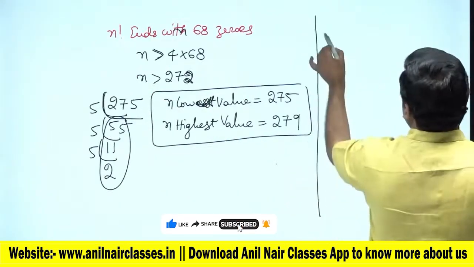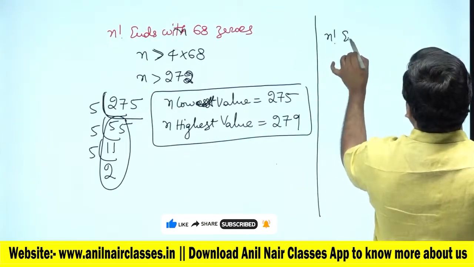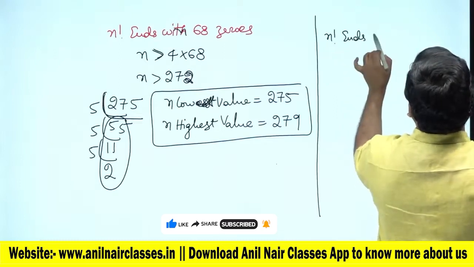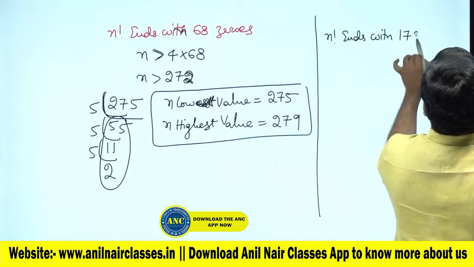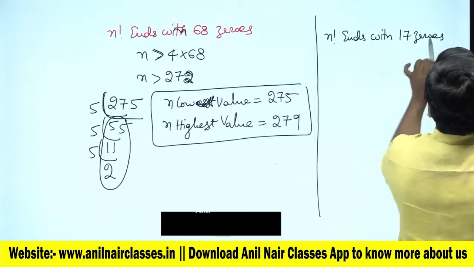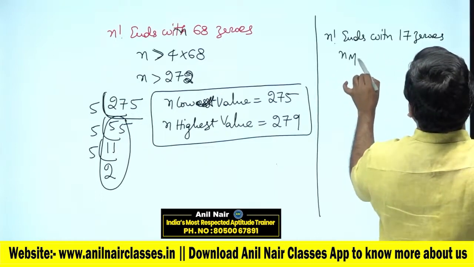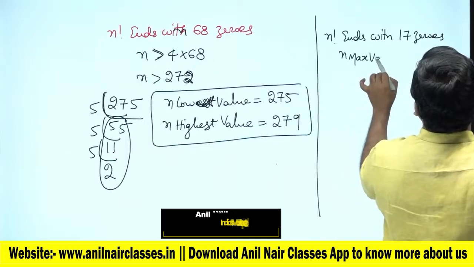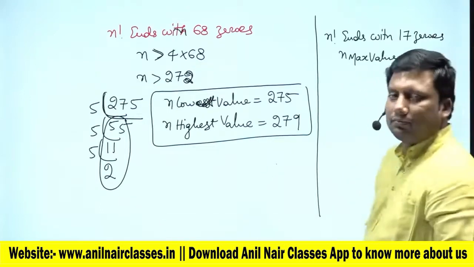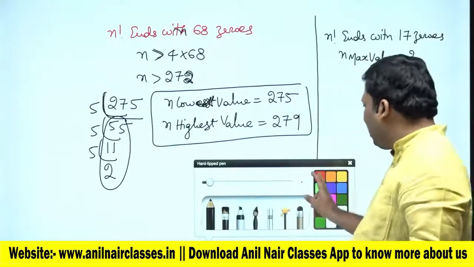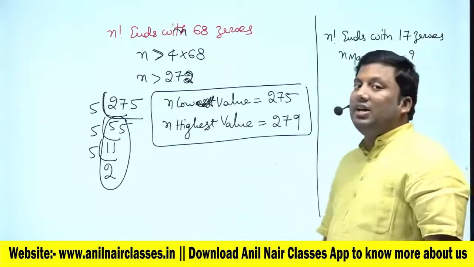Suppose if the question is n factorial ends with 17 zeros. What is the maximum value n can take? Another sample question. N factorial ends with 17 zeros.